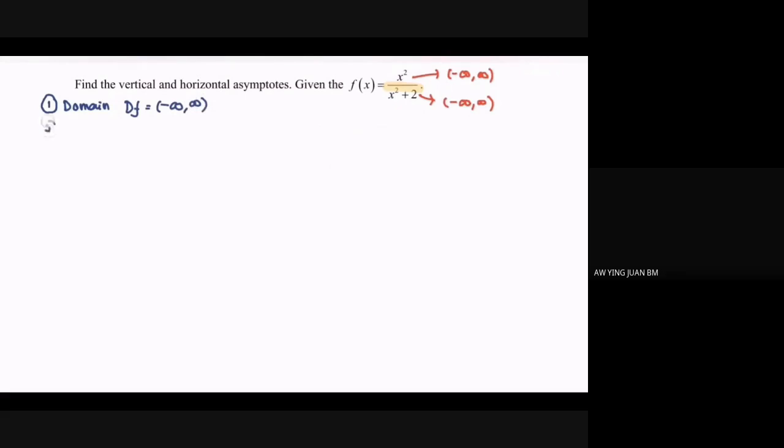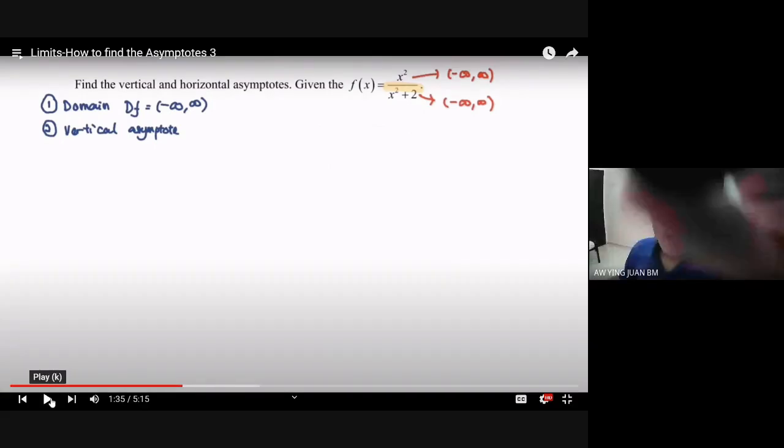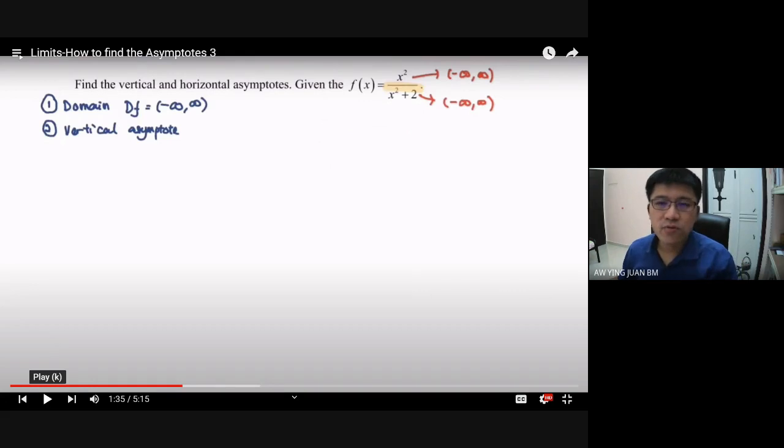Second part will be the vertical asymptote. How to find the vertical asymptote? By referring to the domain. So just now I mentioned how to find the vertical asymptote. So actually it just refers to the domain.